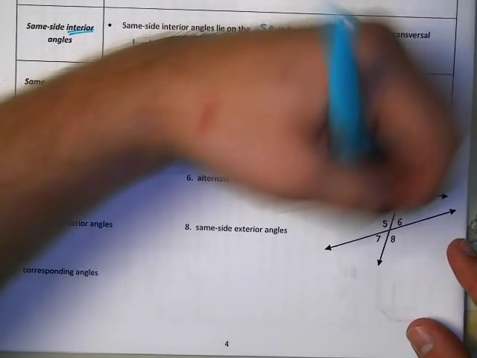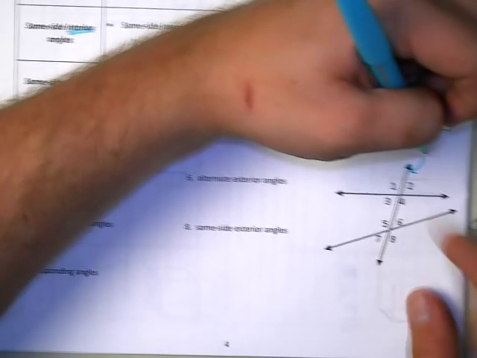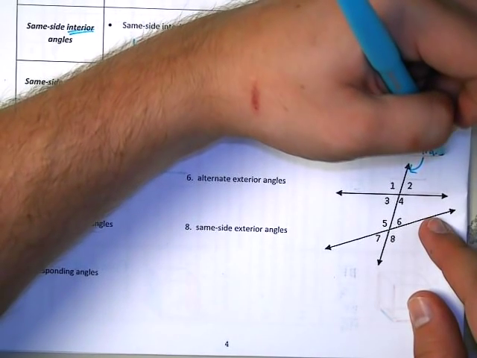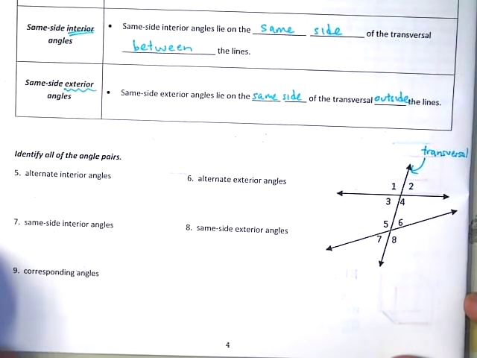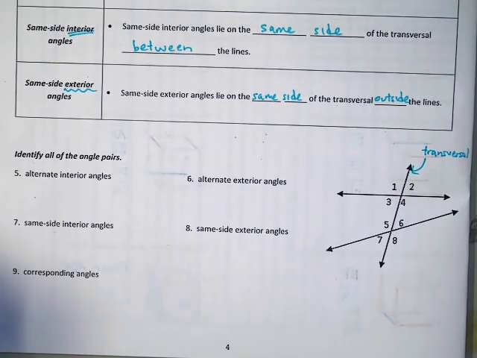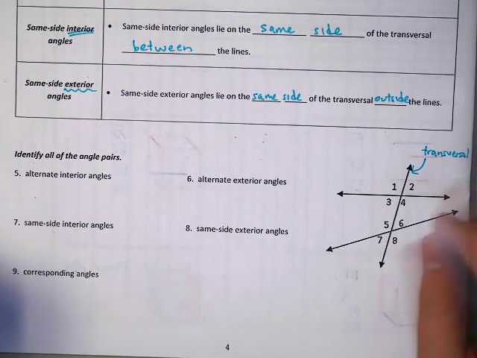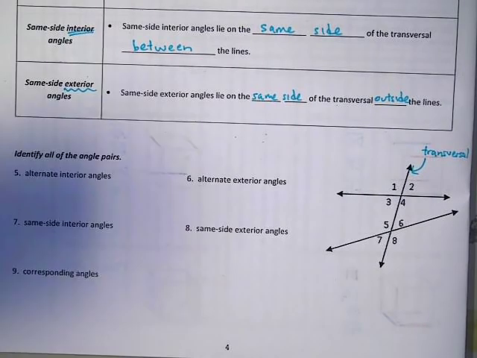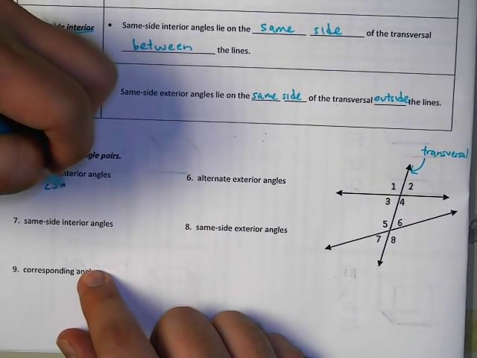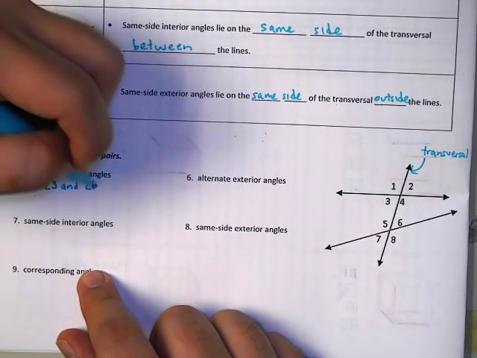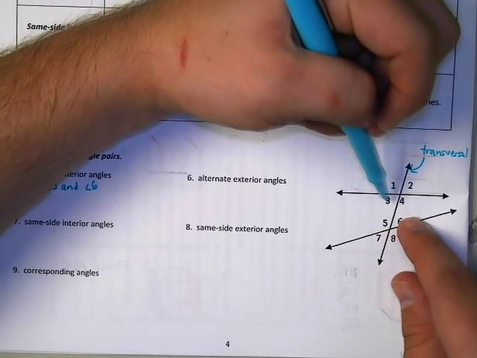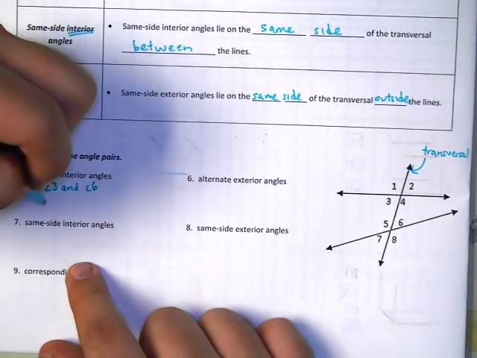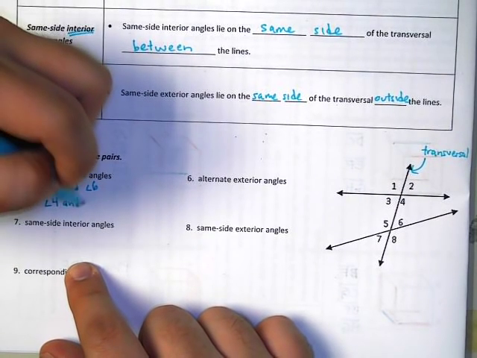If these are my two lines, then this right here is my transversal. There's my transversal. And so I need to find angles that are on opposite sides of the transversal and between the two lines. So I'm going to say angle 3 and angle 6. Why? Well, 3 and 6 are on opposite sides and they're between. So that means that my other set is 4 and 5.